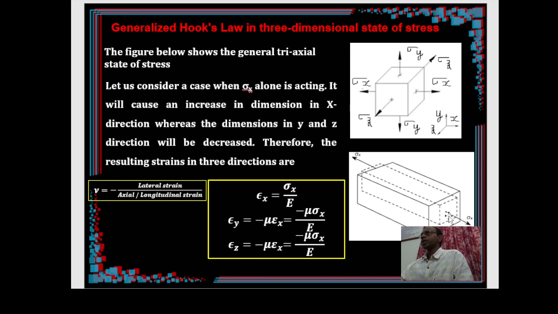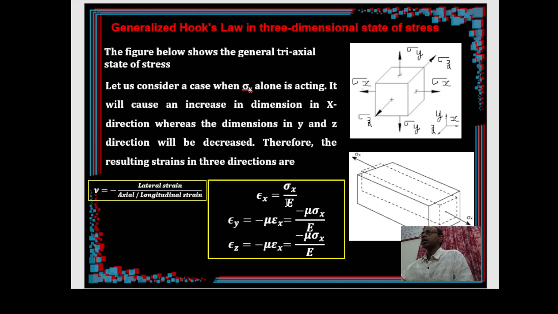The strain that is developed because of this axial stress, which you can also call direct stress or normal stress, you can call any one of these names, is according to Hooke's law. Hooke's law states that stress and strain are proportional to each other within the elastic limit.